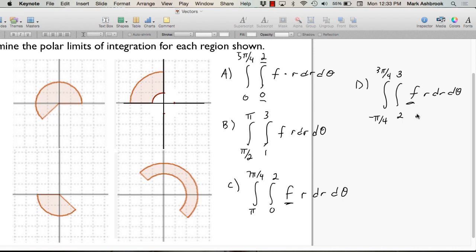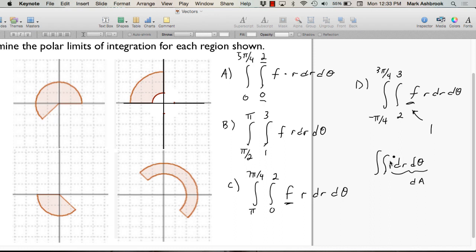Right, if f were any constant. And if we want the area of this piece, then we would make f equal to 1, and then we'd be integrating r dr d theta. Is that right? If you want the area, it's just going to be the double integral of dA. So you still have the r.